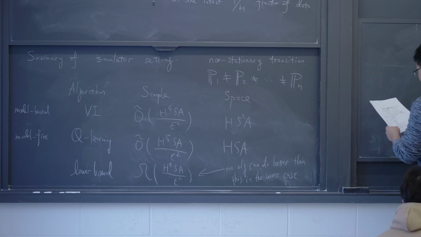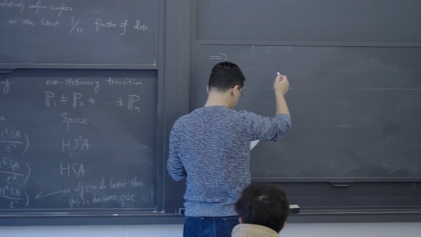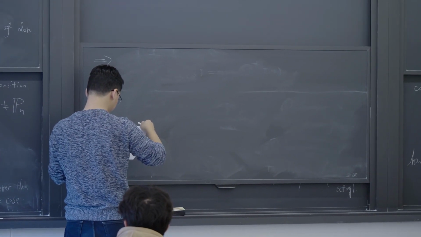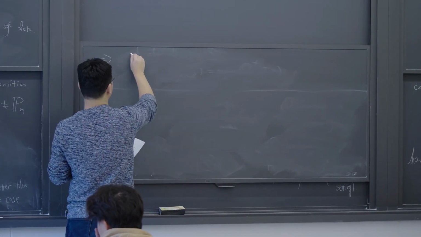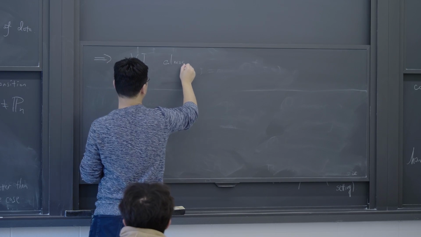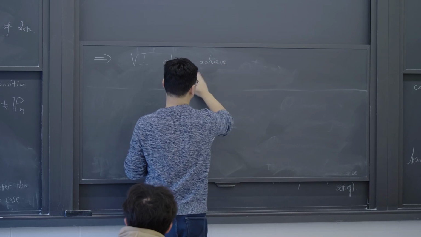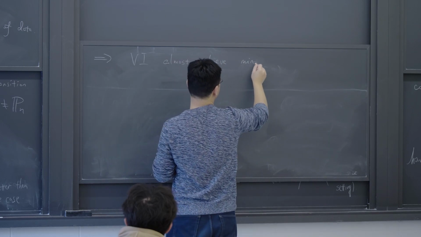So this more or less concludes that VI almost achieved what we call minimax optimal sample complexity.